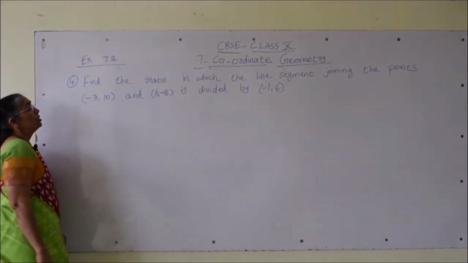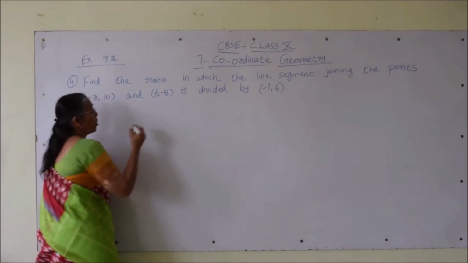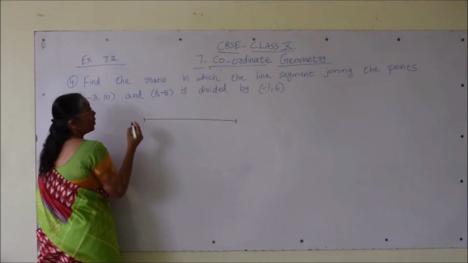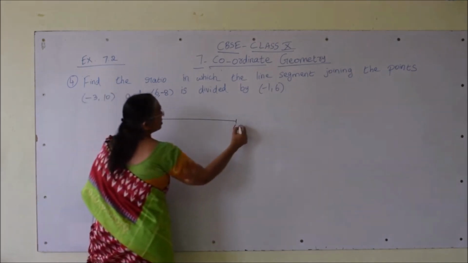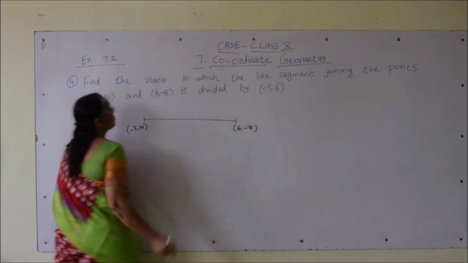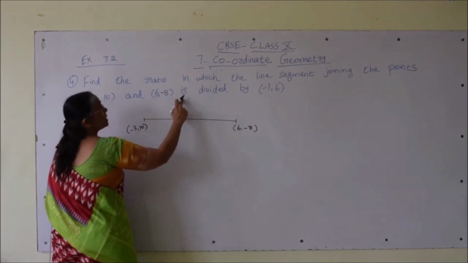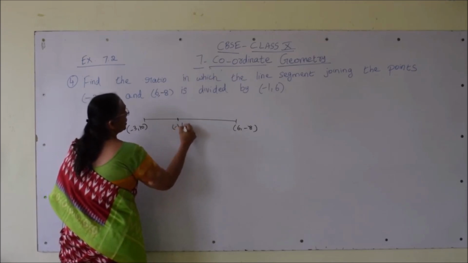Problem number 4. Find the ratio in which the line segment joining the points, like this is a line segment, end points are given as minus 3, 10 and 6, minus 8, is divided by another point, minus 1, 6.